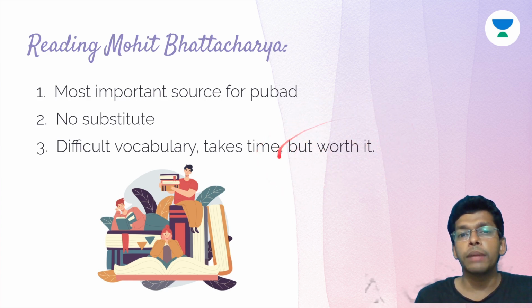The book becomes your best friend for public administration. That is the kind of book New Horizons of Public Administration by Mohit Bhattacharya is. So never neglect this book. Many people will say that you can avoid that book and read other books for it, but never try to avoid this book. This can be said to be the Bible of public administration.